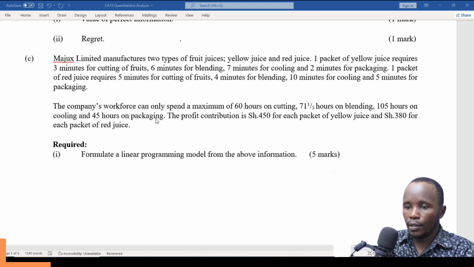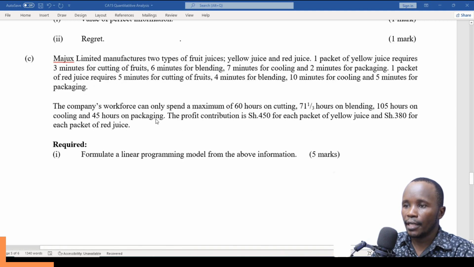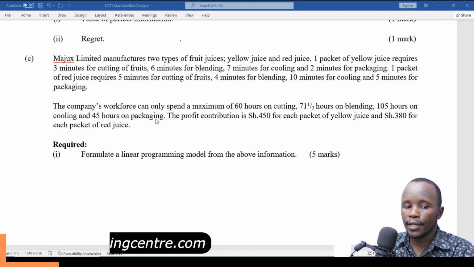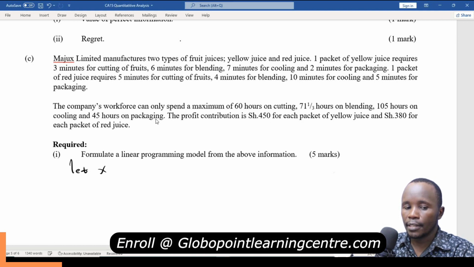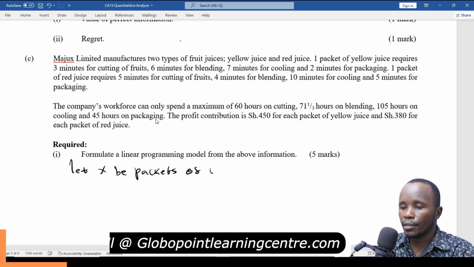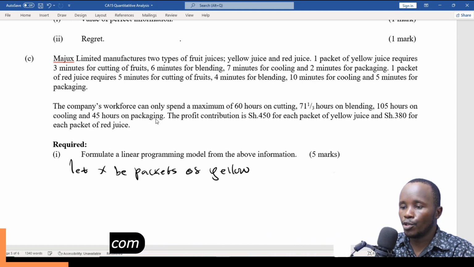Now, for us to work it nicely, we require to represent the amount of yellow juice and red juice with unknown letters. So we say let X be packets of yellow juice produced and sold.